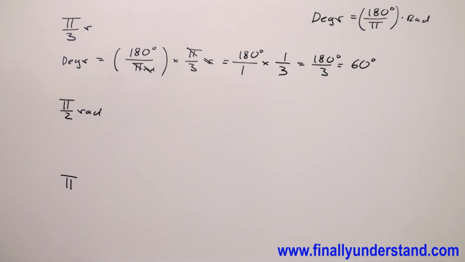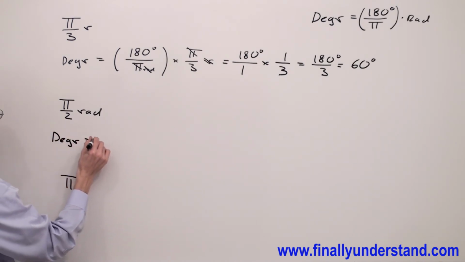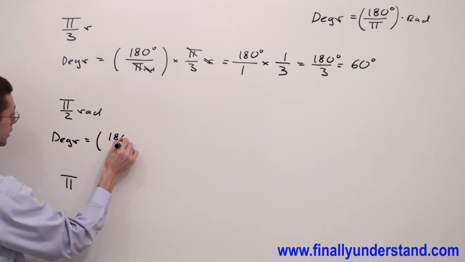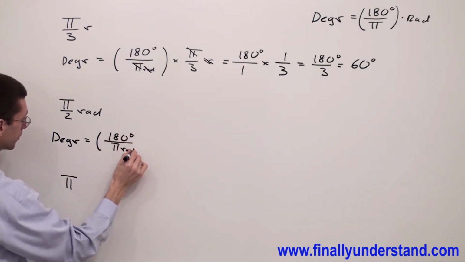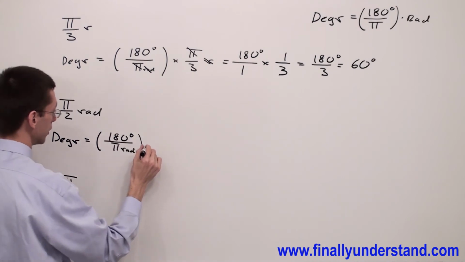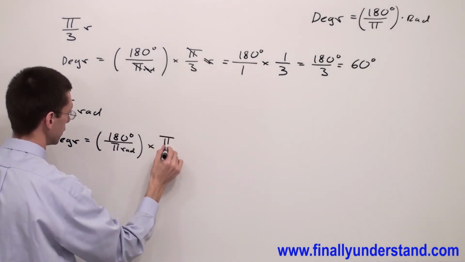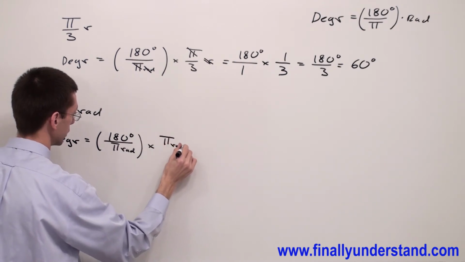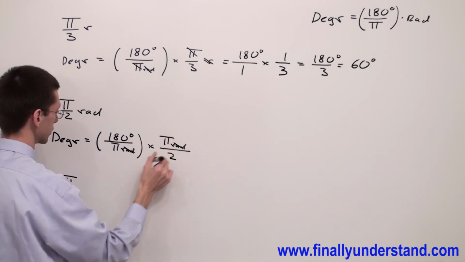Let's take a look at the second example. Again, I'm going to use the same formula. We have degrees are equal to 180 degrees over pi radians times pi radians over 2. Radian and radian will cancel out.